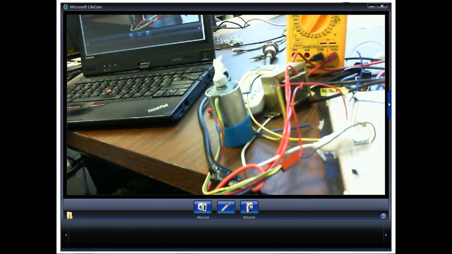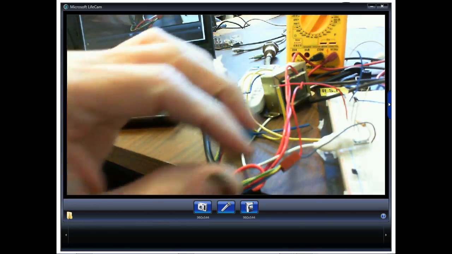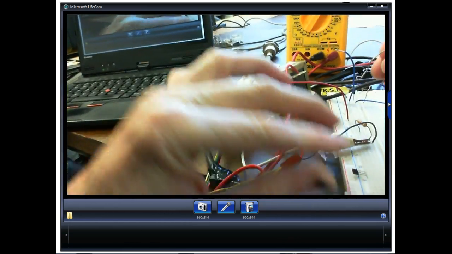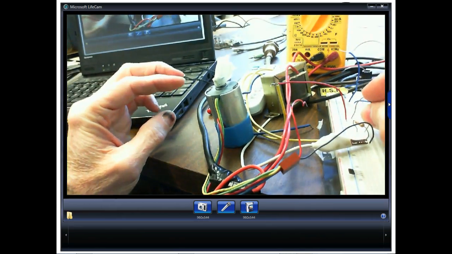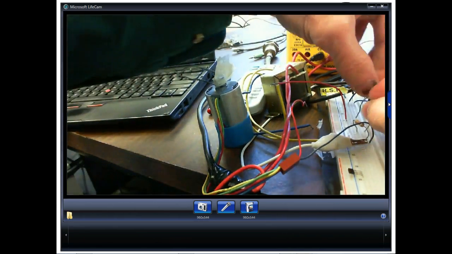And what happens is the AC changes polarity every alternation. So what we're doing is we're blocking one alternation and doing what? Letting the other one pass. So I'm going to come up here and turn this around. I'm doing this with power on, guys, but we're only dealing with 7 volts, right?